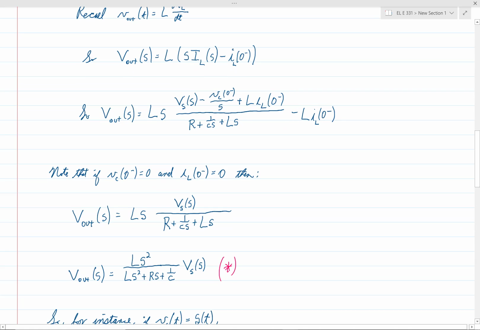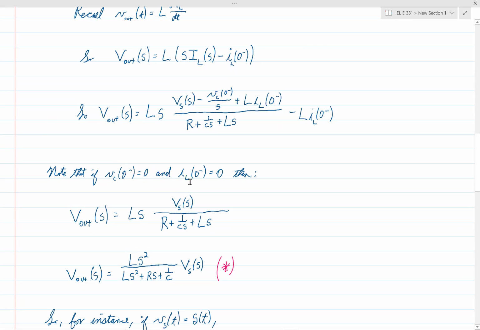And you'll see now that if the initial conditions are 0, it really makes this expression here significantly simpler, because this last term will drop out, and then this term up here will drop out, and this term will drop out, and so we're just left with Ls times Vs of S divided by R plus 1 over Cs plus Ls.